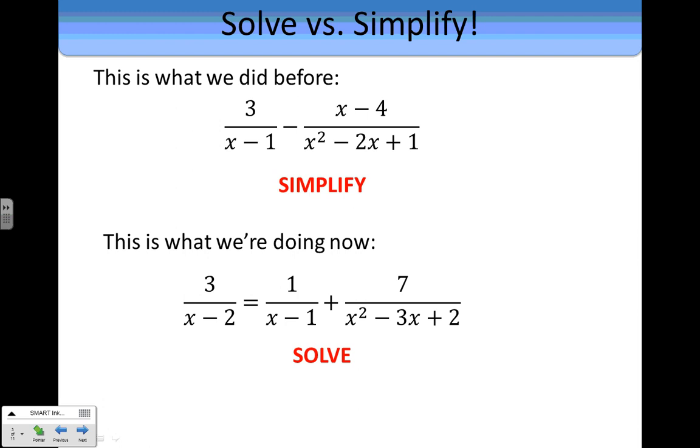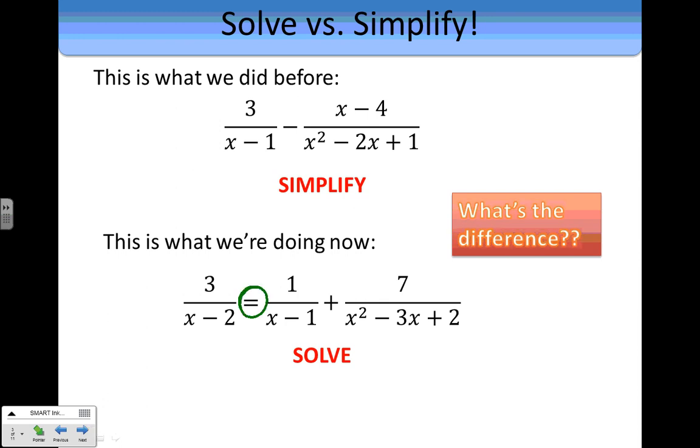This is something you're really going to have to think about. The difference between the top expression and the bottom is the equal sign. In an equation that we're trying to solve, we have an equal sign, which means we're trying to solve for x to see when the two sides are equal.